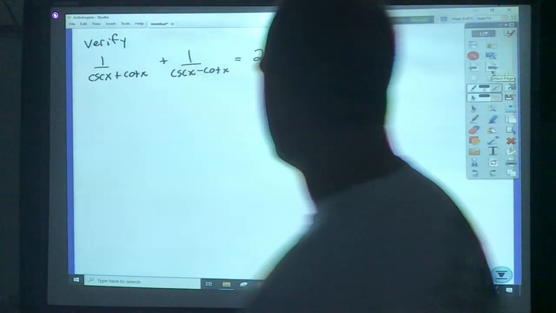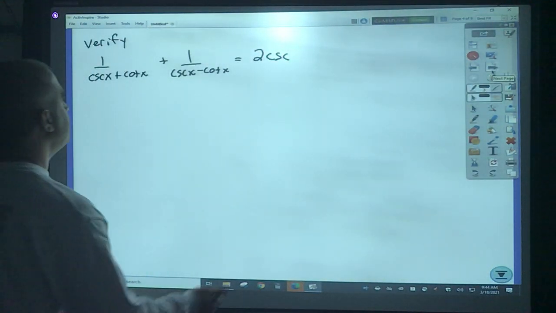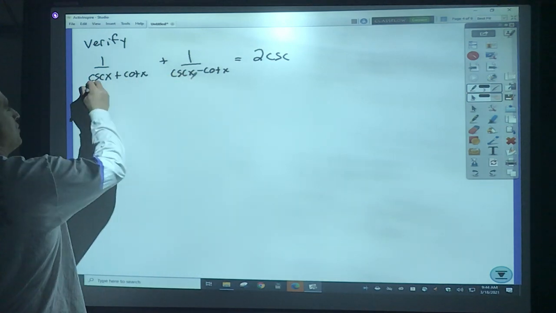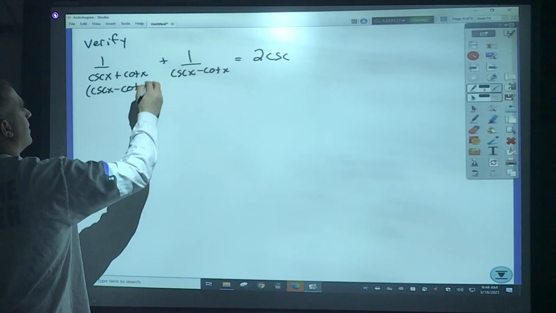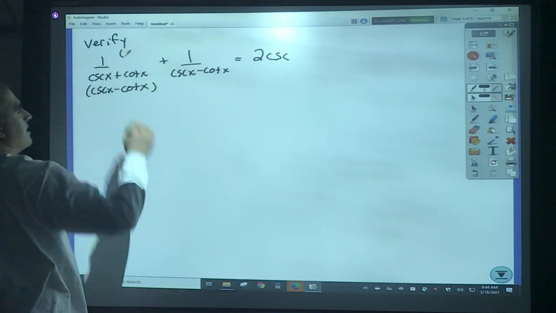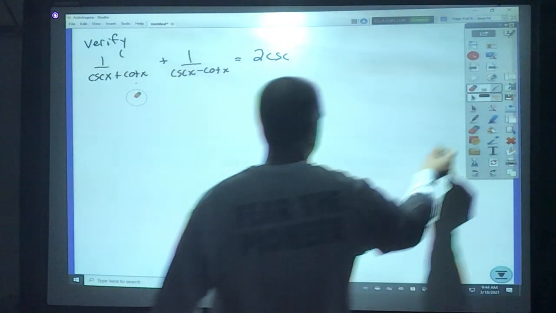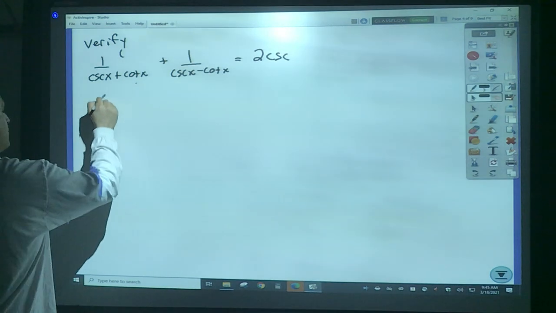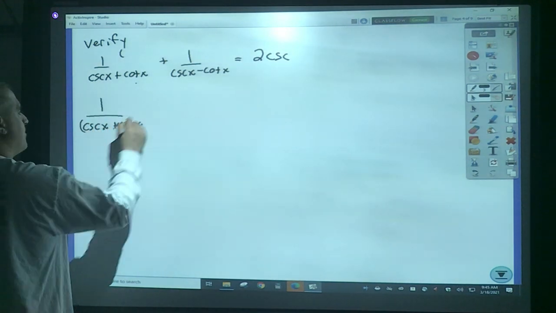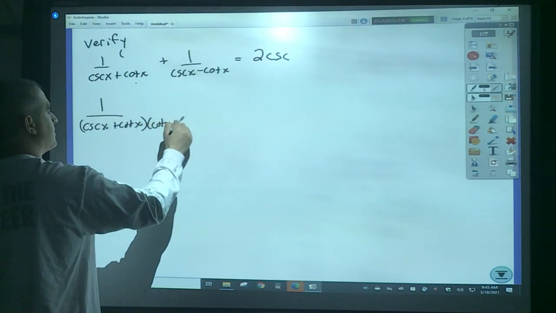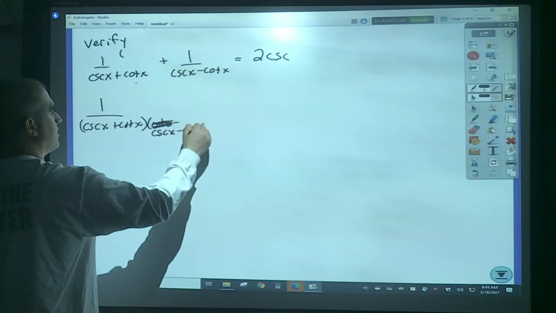So you got this fraction here. Now, what you want to do is get a common denominator, and this is how easy this is. I'm going to multiply by this side on the top and the bottom. So what I want to do is multiply cosecant of x plus cotangent of x by cosecant of x minus cotangent of x.